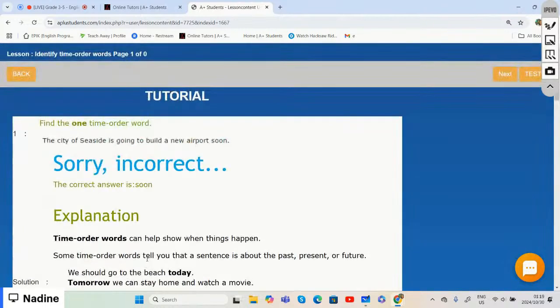All right. So now we're quickly going to look at a few example sentences and activities, and then we're going to our test. It says you need to find the one time order word within the sentence. It says the city of Seaside is going to build a new airport soon. What is the one time order word within that sentence?